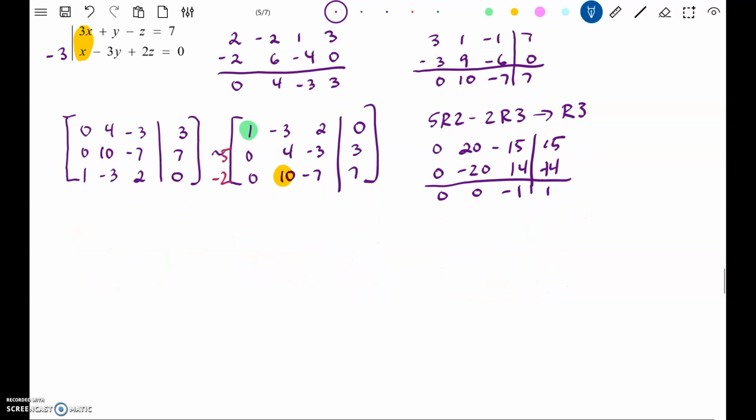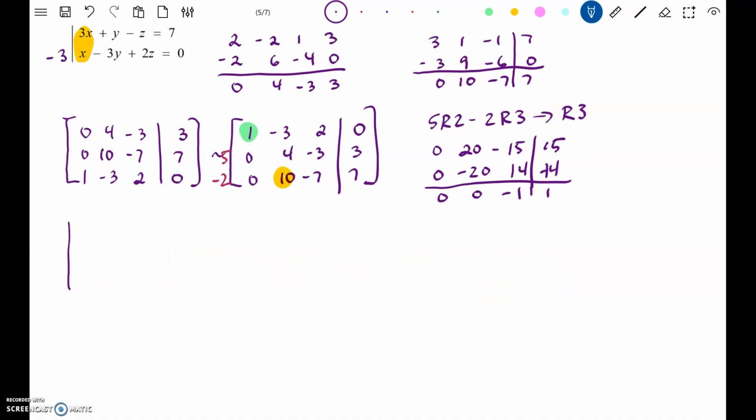So after these transformations, I was able to achieve 1, negative 3, 2, 0. The second row keeps being the same, 0, 4, negative 3, 3. But the last row becomes 0, 0, negative 1, 1.